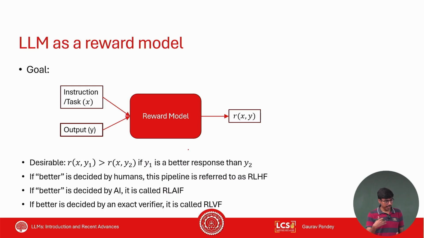And if it is decided by AI, we call it RLAIF. But people tend to use these two terms interchangeably, so RLAIF is often also referred to as RLHF. But you don't have to worry about this. Also, if there is a verifier, like we saw in the previous case, then this framework is called RLVF, reinforcement learning with verifiable feedback.